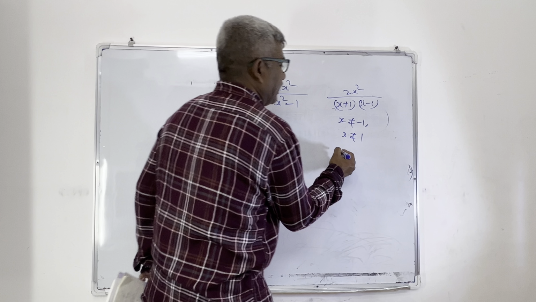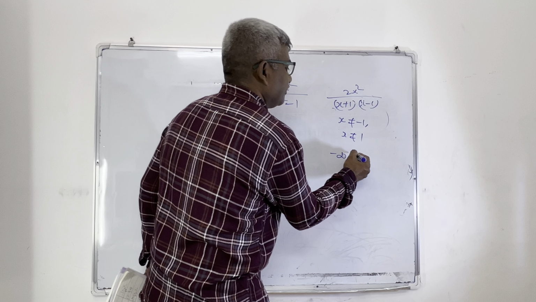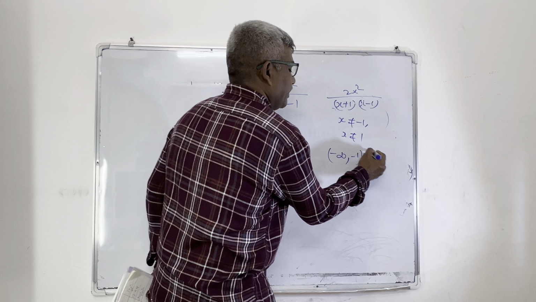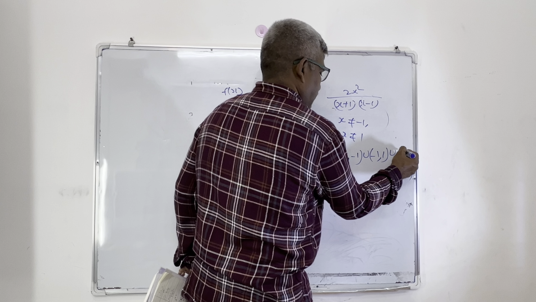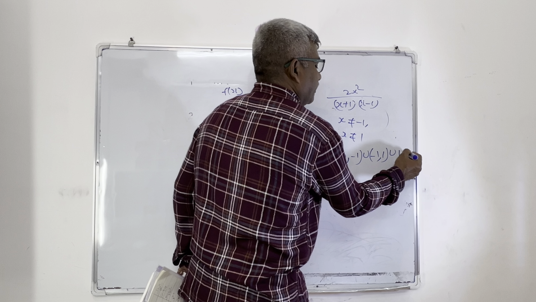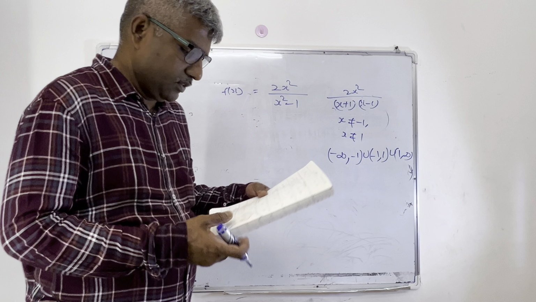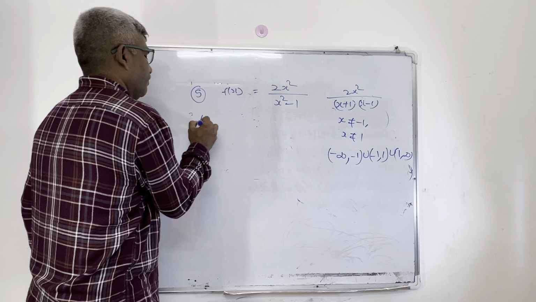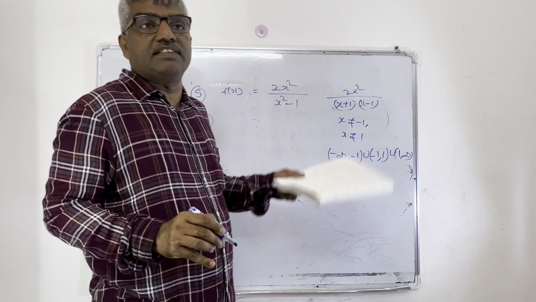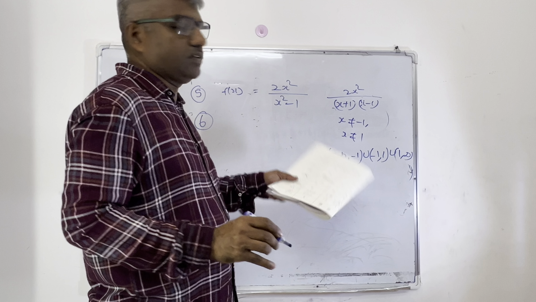You can write it like this also: minus infinity to minus 1, union, minus 1 to 1, then union, 1 to infinity. Question number 6. I am going to explain all the 7 steps with the same examples only.